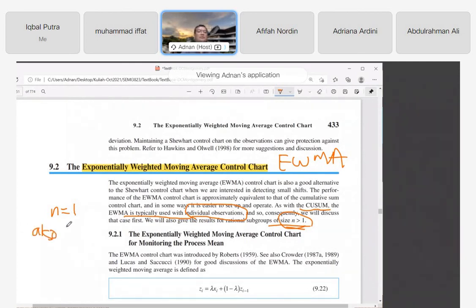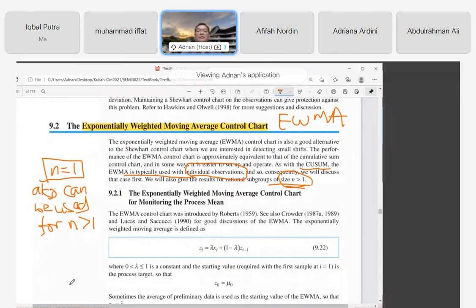Q sum can also be used when n is greater than 1. But the good thing here is that it is powerful for n equal to 1, and if you have n more than 1, it can also be used.